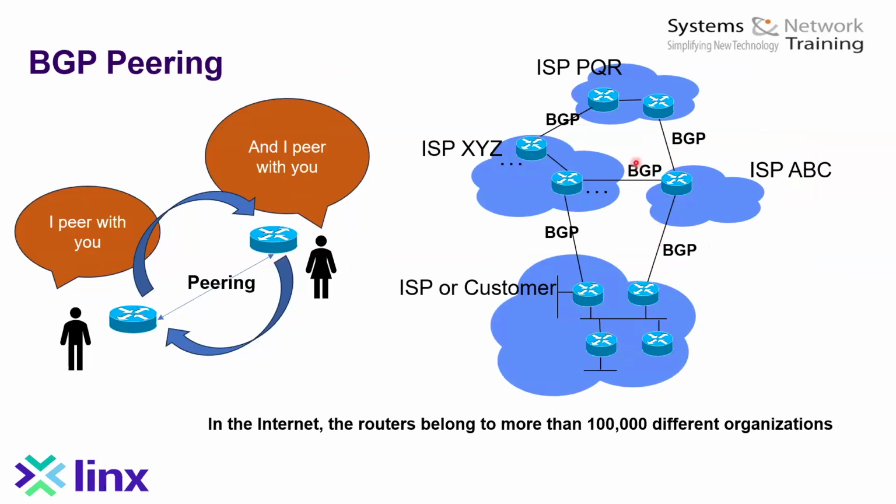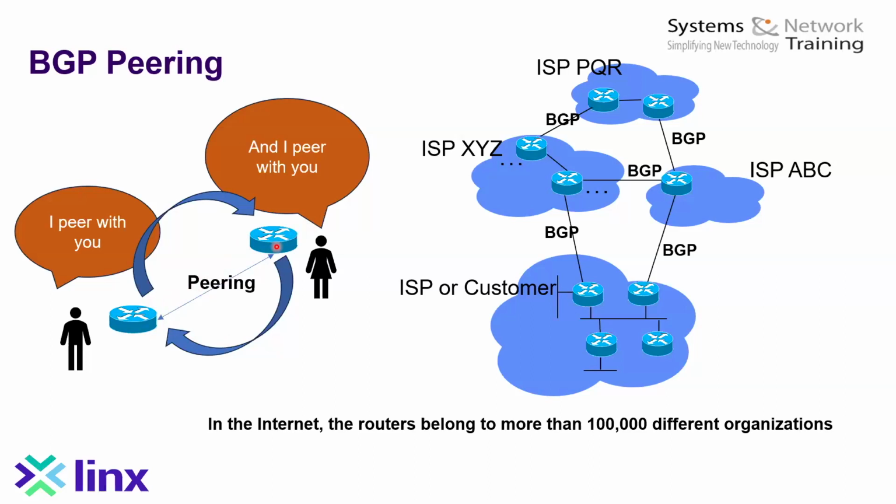And I can see I've drawn routers all over the place here. So if you are an internet router, when you want to share information about routes or send messages, if you like, to another router, then you have to form a relationship with that router. Okay, you can't just send messages and hope they're going to get there.